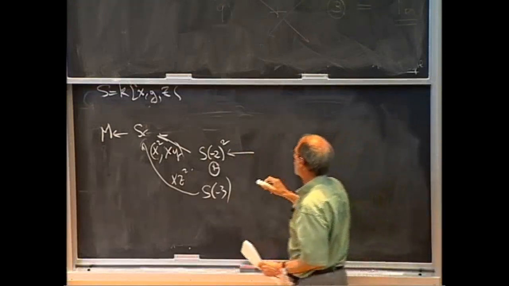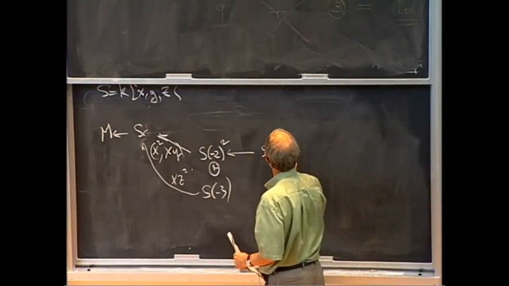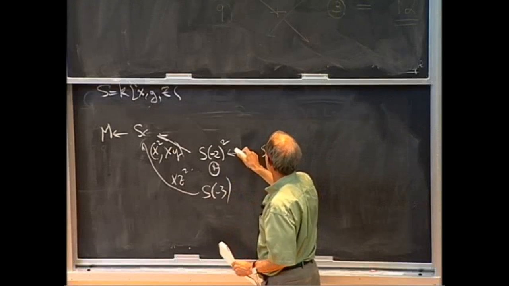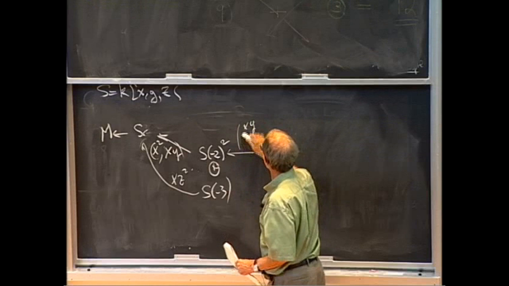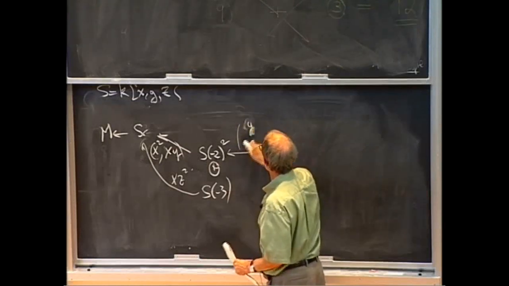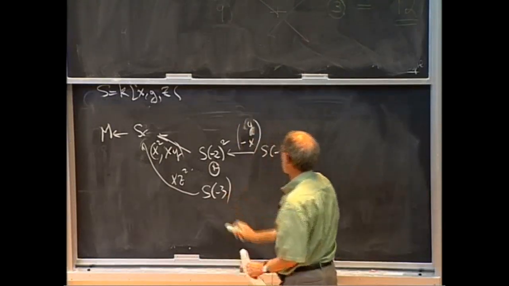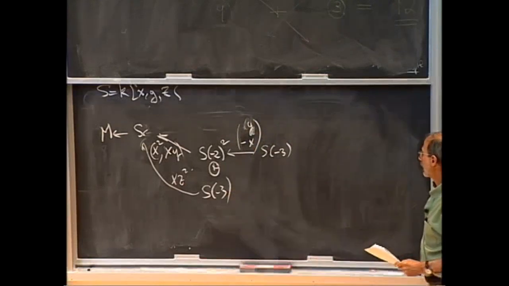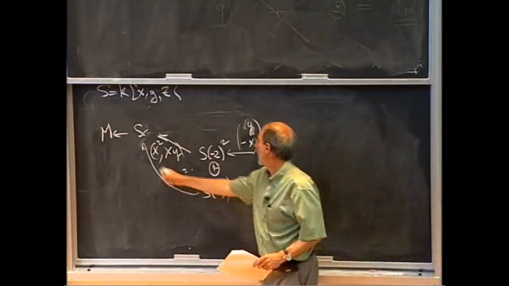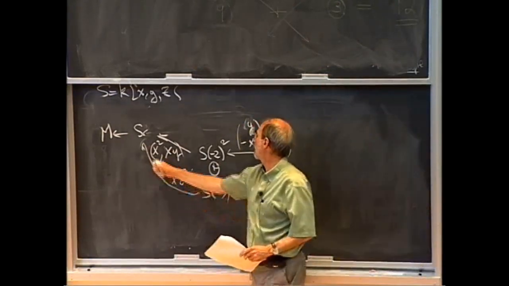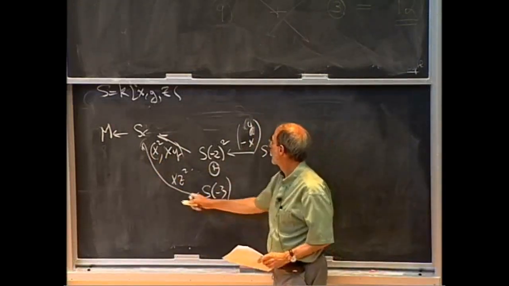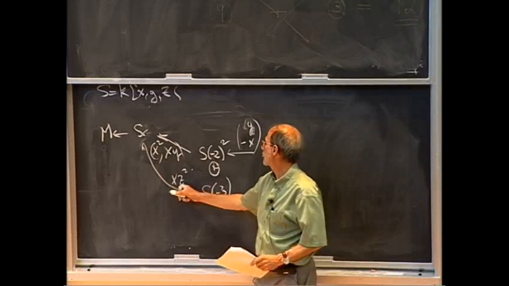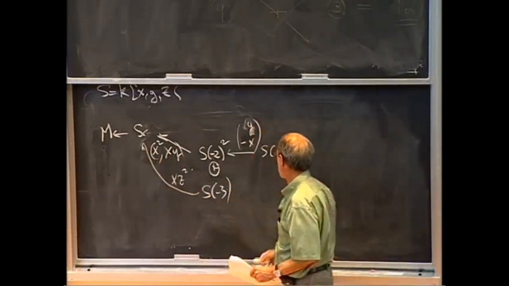In this case, I have S(-3), and here's the map with y and minus x, right? I didn't divide. And what else could I do? I could take x squared and xz squared, and I could divide by x, so I get a syzygy which is x times xz squared minus z squared times x.